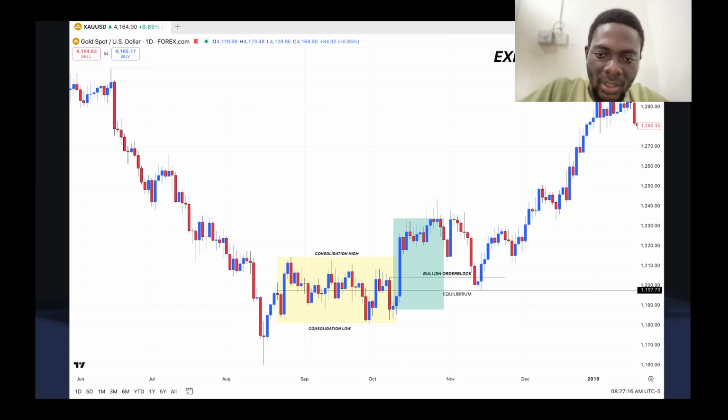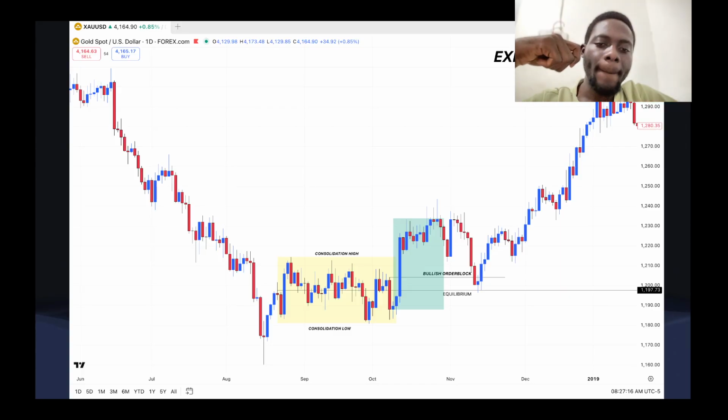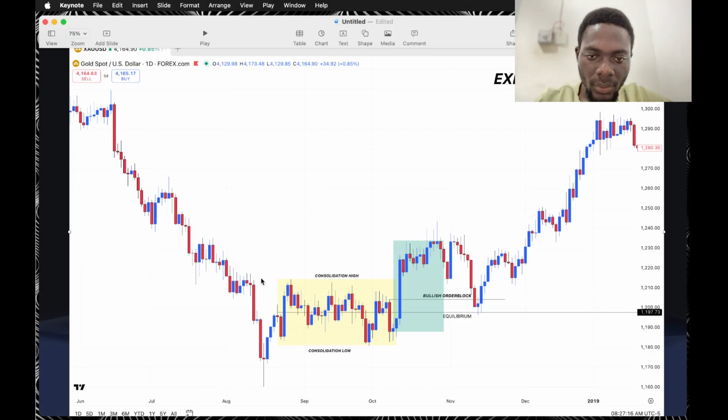The line in between. Can you see it? I named it equilibrium. Exactly. So we look for the order block at or near the equilibrium. So when you see an order block, you can see another block form here. You can see another block form here at this level.